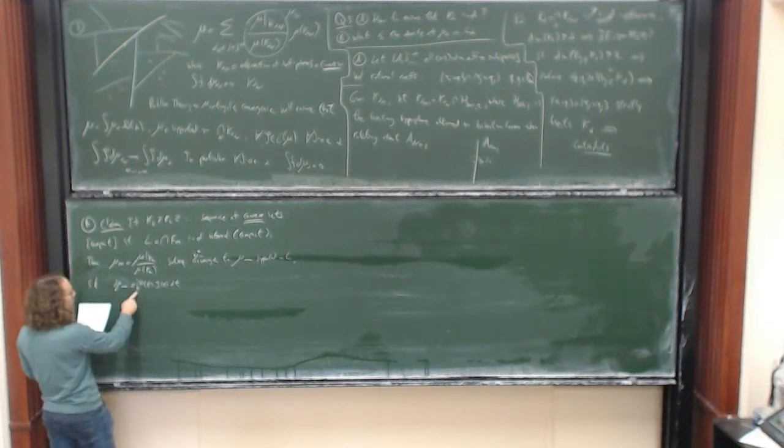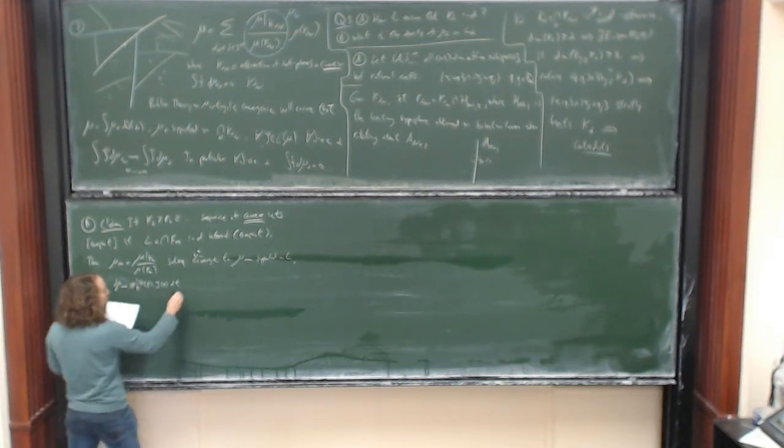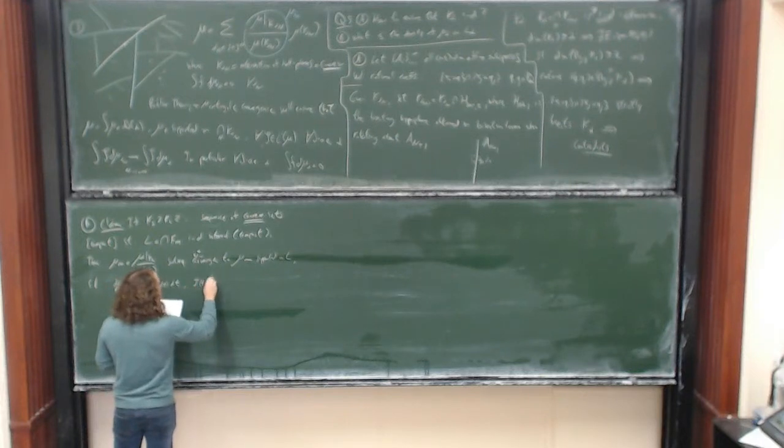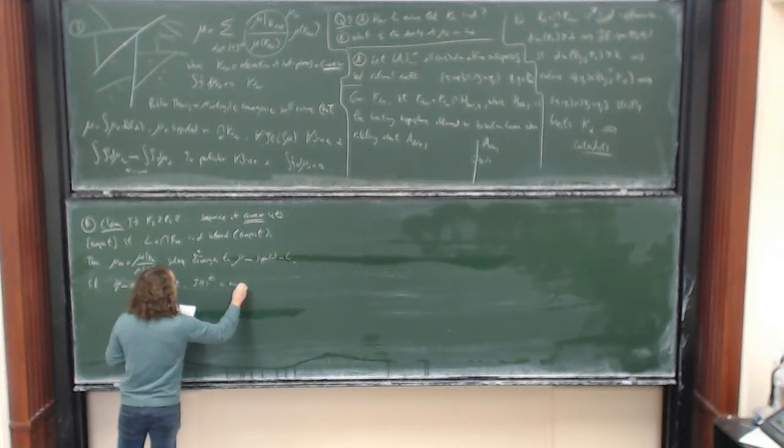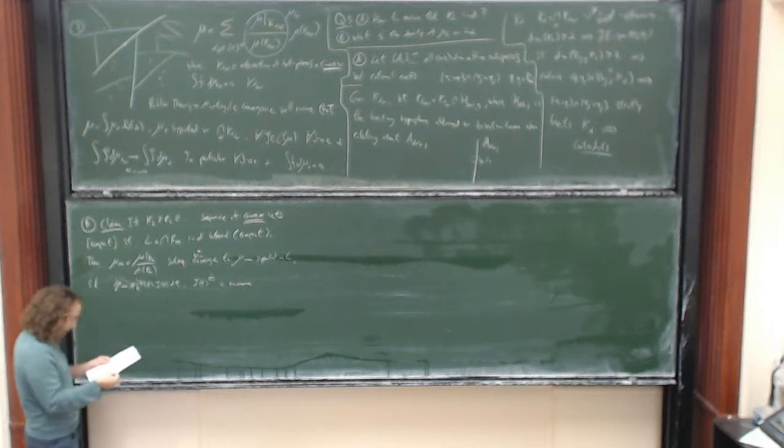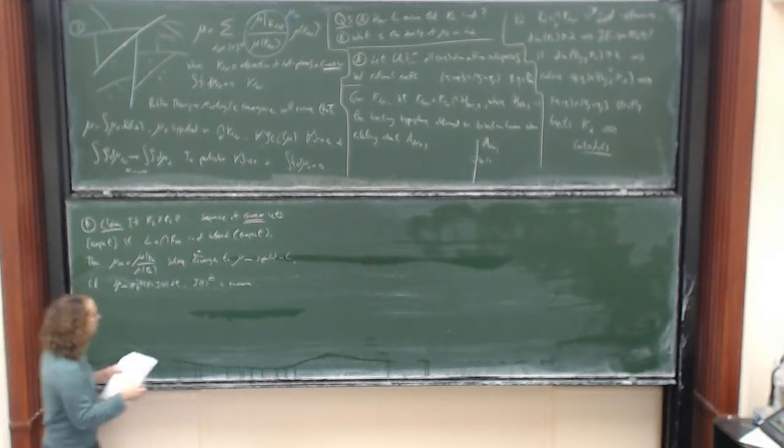So Z is just a normalization factor, and the point is that JT is concave on its support.